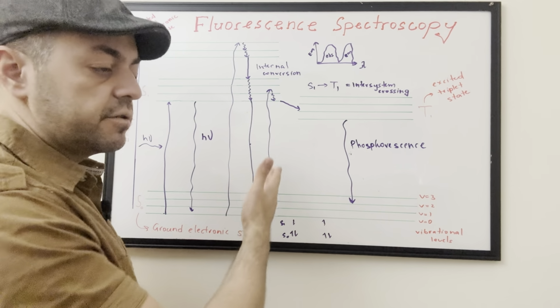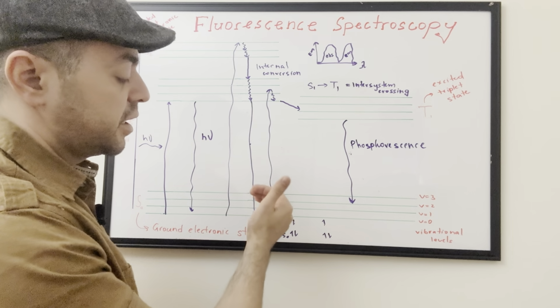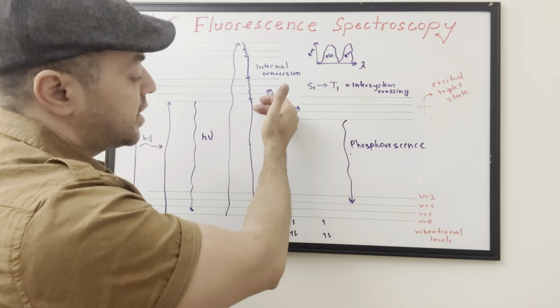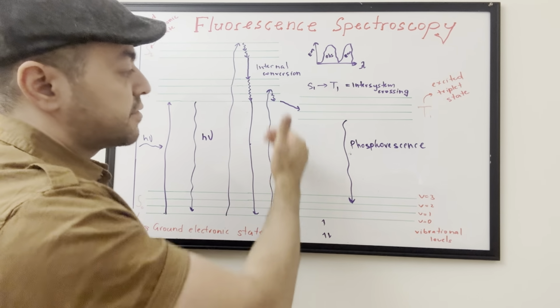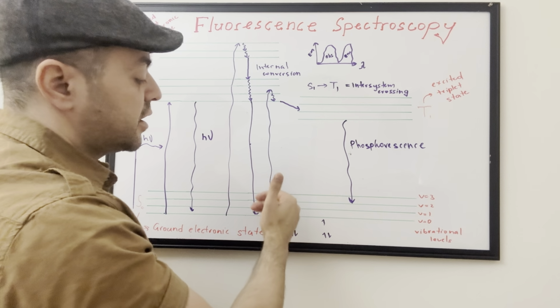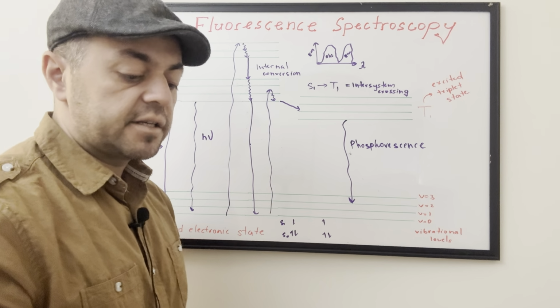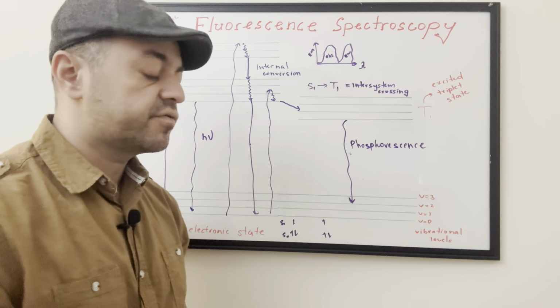So this is the difference between fluorescence and phosphorescence. During fluorescence, the molecule goes from the ground state to the excited state, and then it releases from the excited singlet state to the ground state, releasing energy in the form of light.